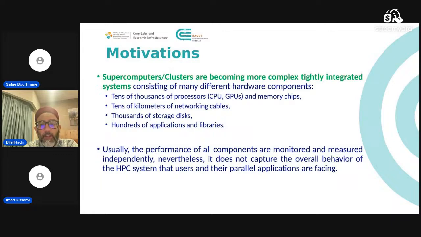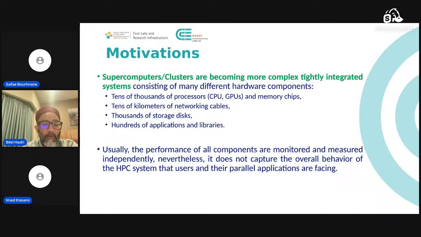As I shared earlier, supercomputers and clusters are becoming more and more complex because they have so many different hardware components. You now have tens of thousands of processors, CPUs and GPUs, a lot of memory chips, tens of kilometers of network cable, thousands of storage disks, and hundreds of applications to support. You need to make sure they are tightly connected and working in synchronization.